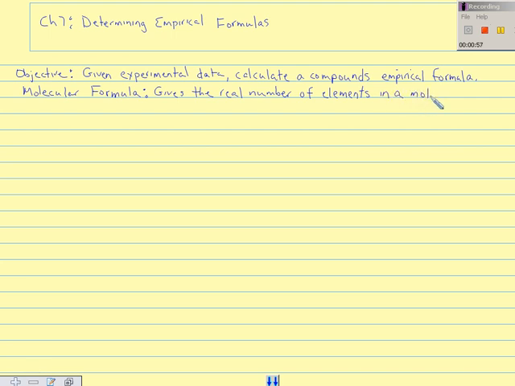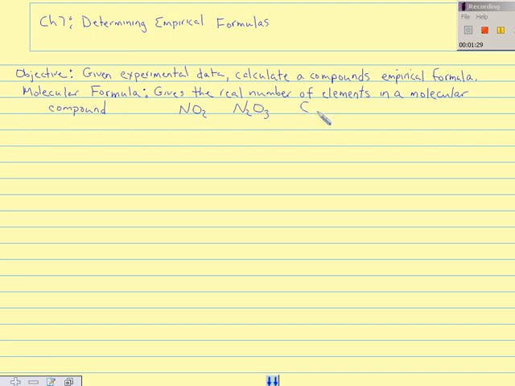Remember, a molecular compound means two or more nonmetals only combining. Some examples of molecular compounds would be nitrogen dioxide. Another molecular compound is dinitrogen tetroxide.